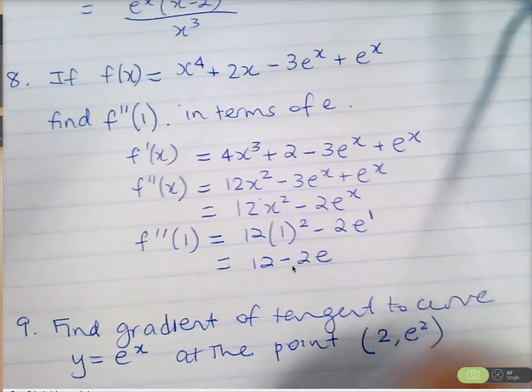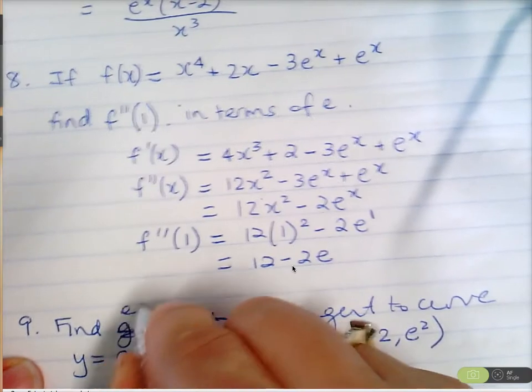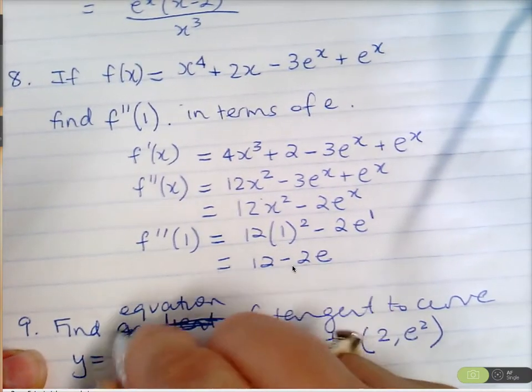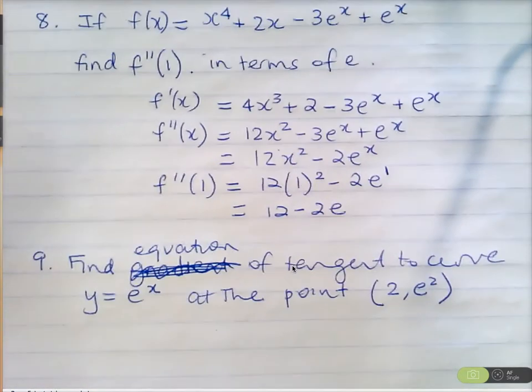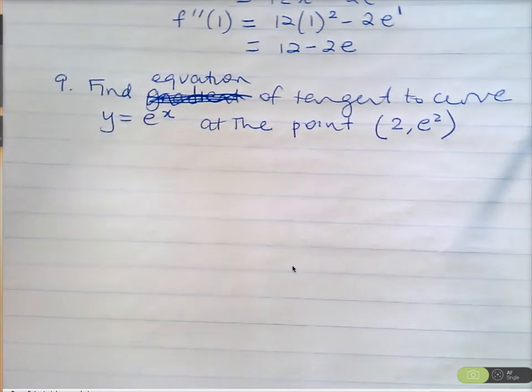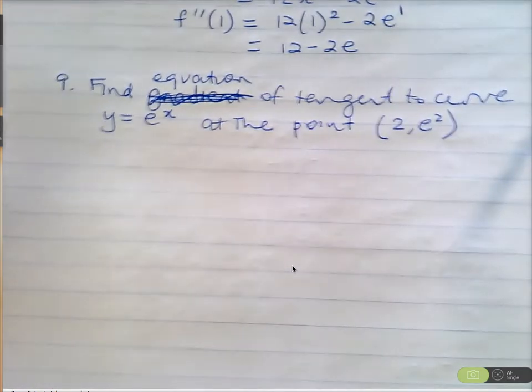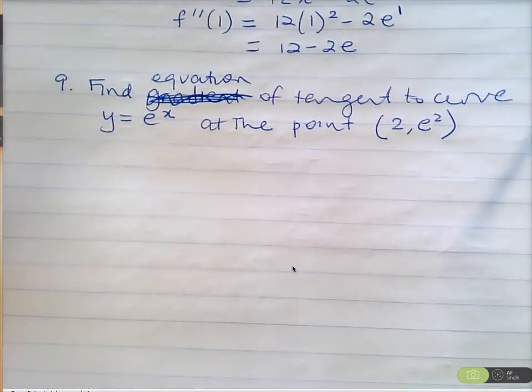Actually, instead of gradient of tangent, I might ask for the equation of the tangent. Sorry. That way, I do gradient of tangent and equation of tangent, and that's going to be my last question, I think. So if I wanted the gradient of the tangent, you just work out the first derivative and substitute in the value. I'm going one step further and asking for the equation of the tangent to the curve.